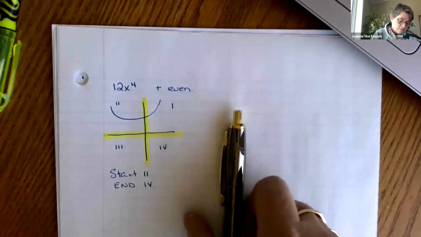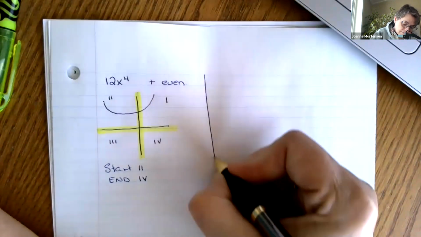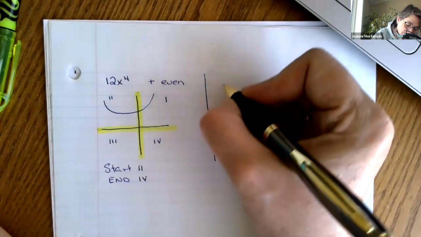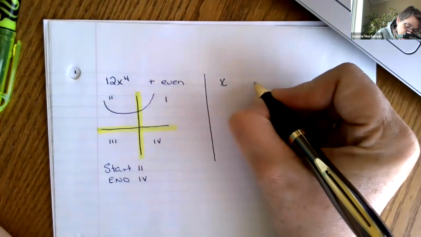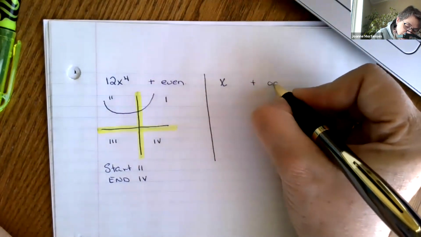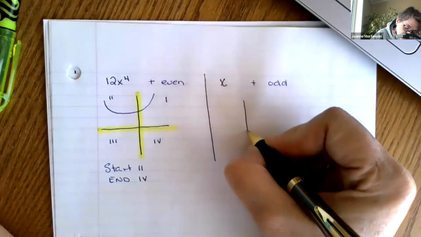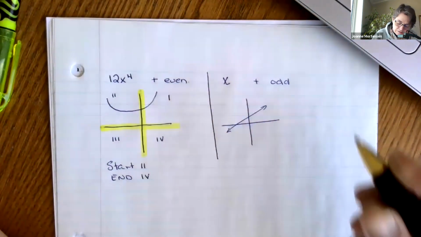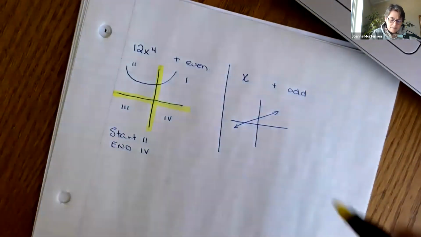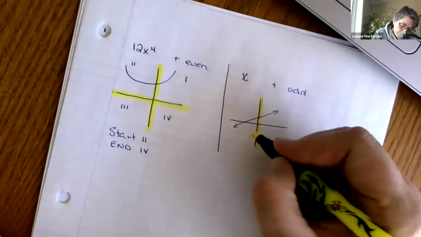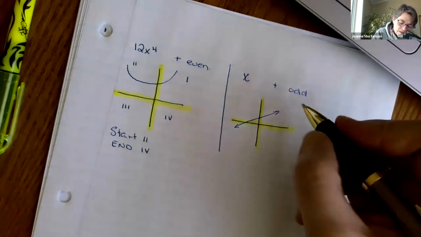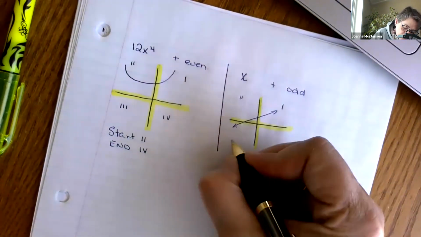All right, back to the worksheet. The next one we had is y is equal to x. So we said that is positive and odd. So my graph is just going to be a straight line that goes like that. There's my x and y axis. 1, 2.